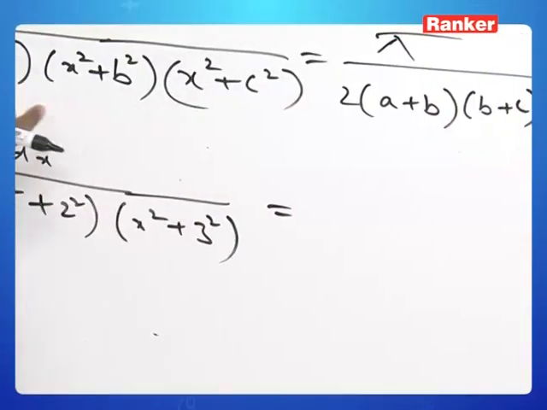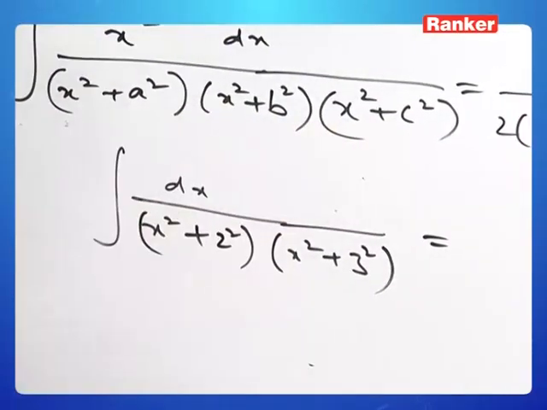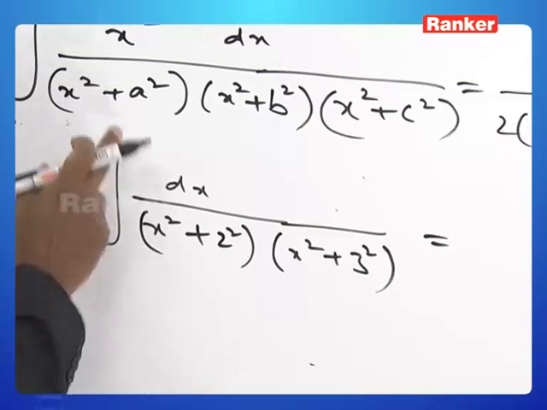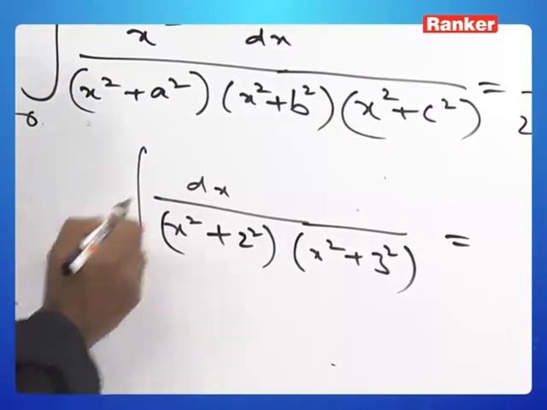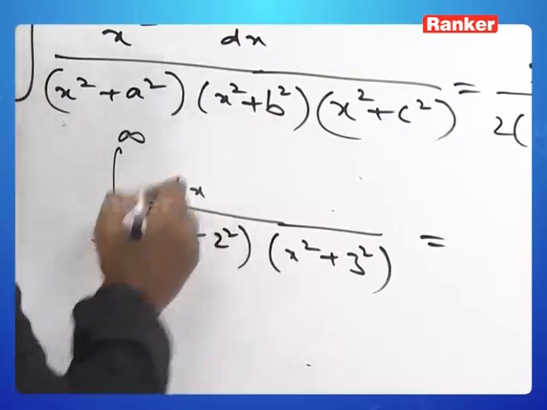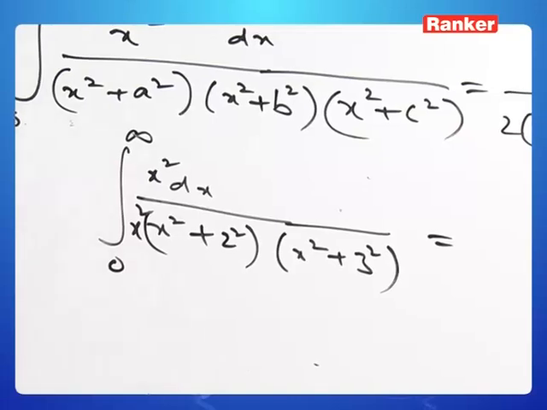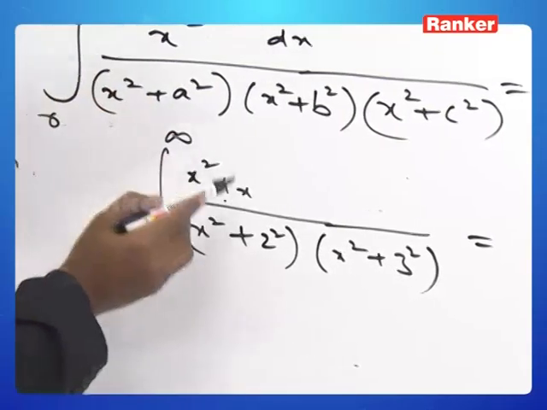Now, we are given a formula involving 3 factors in the denominator, and we have only 2 here. So, what we do is we will introduce that factor. We will multiply and divide by x square, so that the numerator matches.